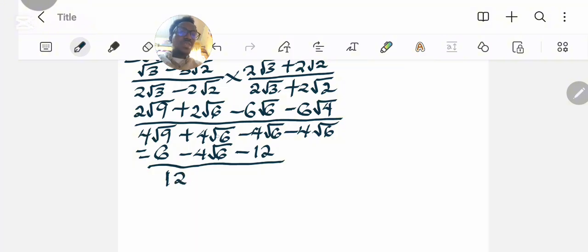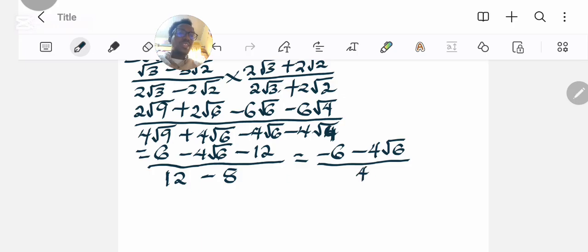This middle similar sort is going to give you 0. 4 root 6 minus 4 root 6 will give you 0. Sorry, here, supposed to write 4 here. This one here is 4. Square root of 4 here is 2. 2 times this is 8. So from here, 6 minus 12 is going to give us minus 6, minus 4 root 6, all divided by 12 minus 8 is 4.